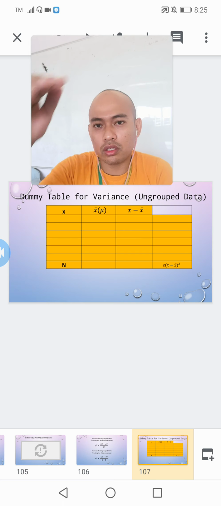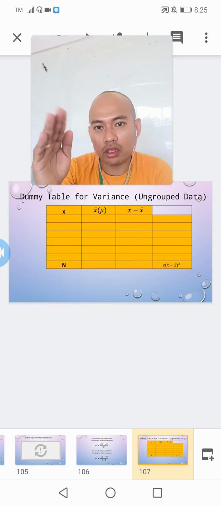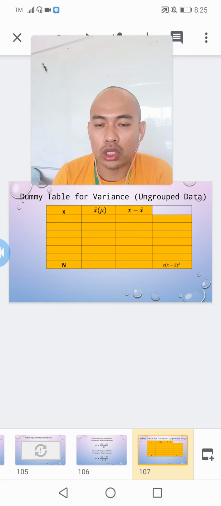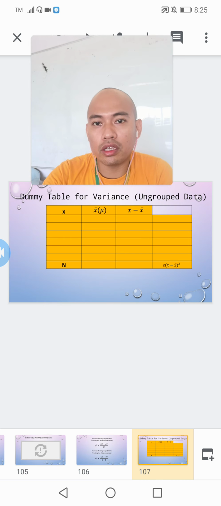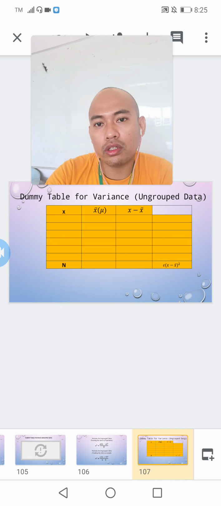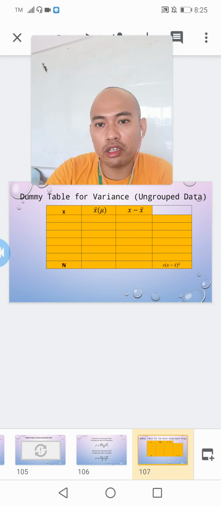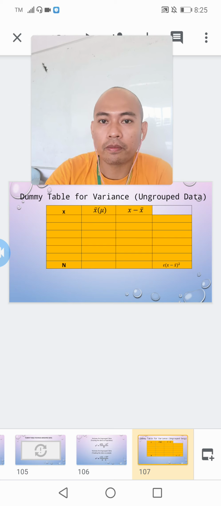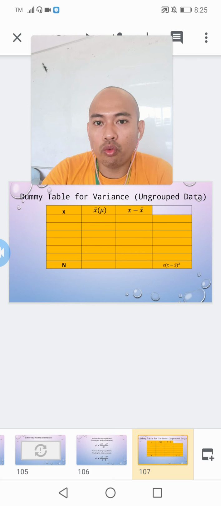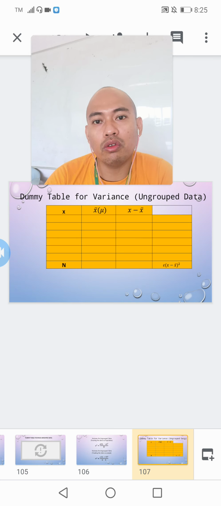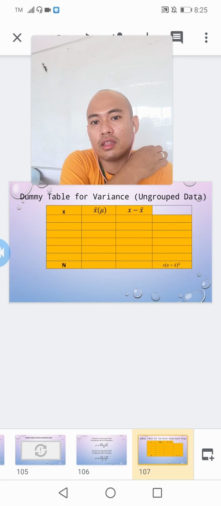We need to list all the observations, as we did in the mean absolute deviation. We list all the scores or data. The capital letter N will denote the total number of elements or observations in your X variable. Then the second column will be the mean. We need to compute the mean of that X variable, and we can utilize the arithmetic mean in that case.